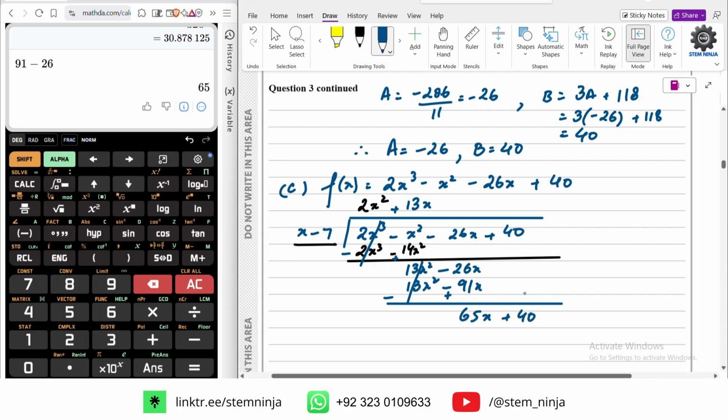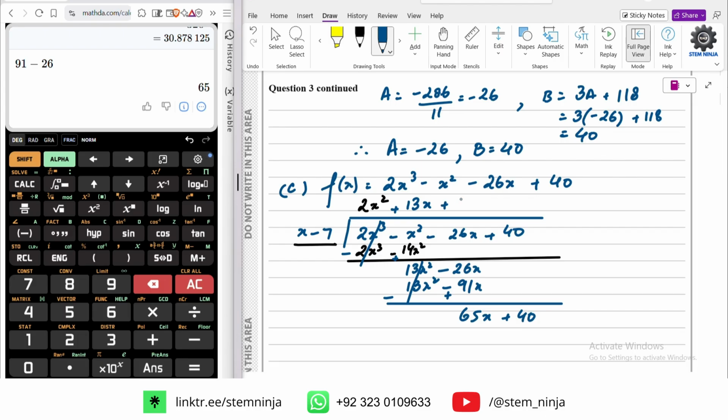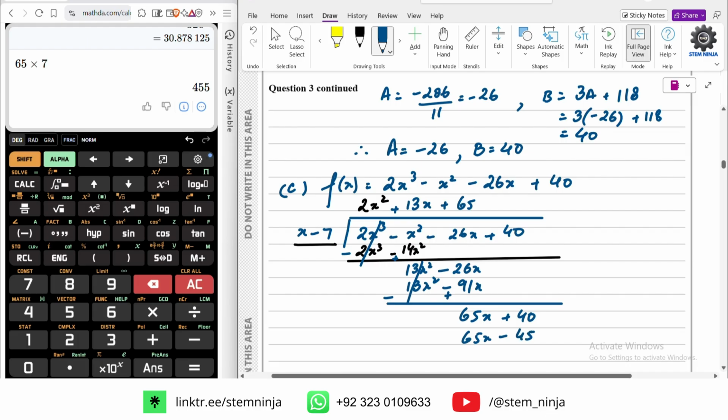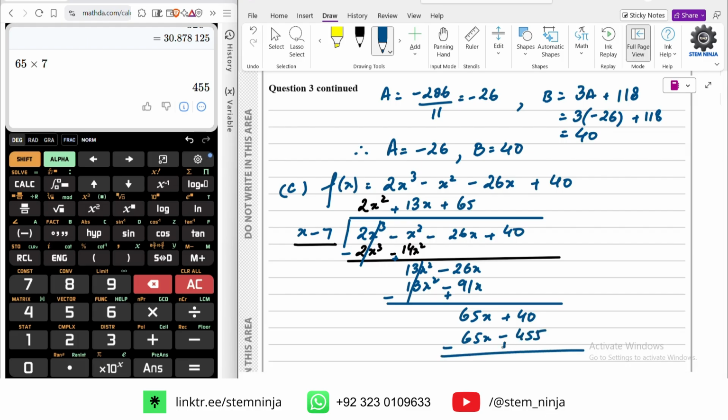Plus 40. And then we multiply this with 65 to get 65x, and 65 times 7, that is 455. So this cancels. So 455.